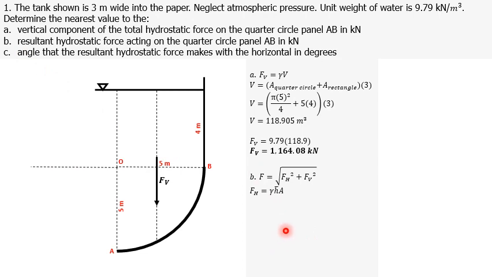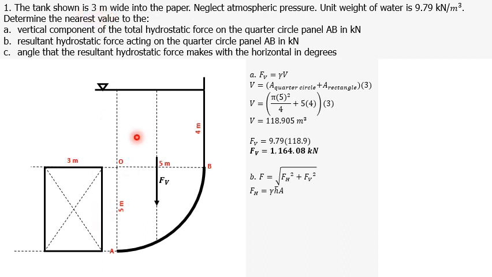So first we need to project our curved surface. If we project that, it will be a rectangle with a base of 3 meters. The base 3 meters is from the given width perpendicular to the paper, which is 3 meters. So we need to locate the center of gravity, CG.